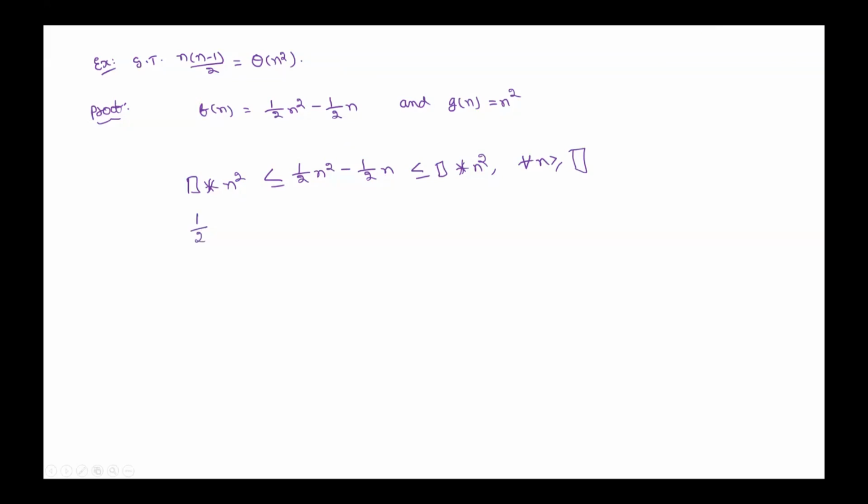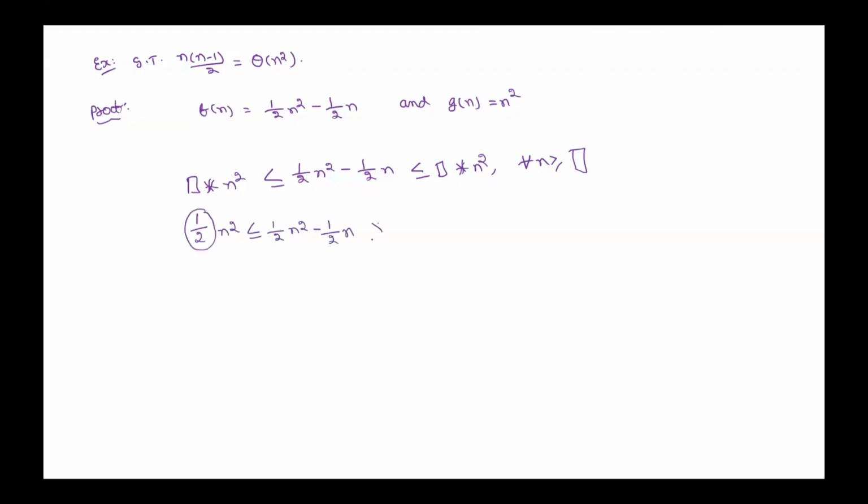This is not correct, madam. Why? Because here itself easily we can say no. Sir, can we take C1 as 1, or 1 by 4? This is not correct, madam.